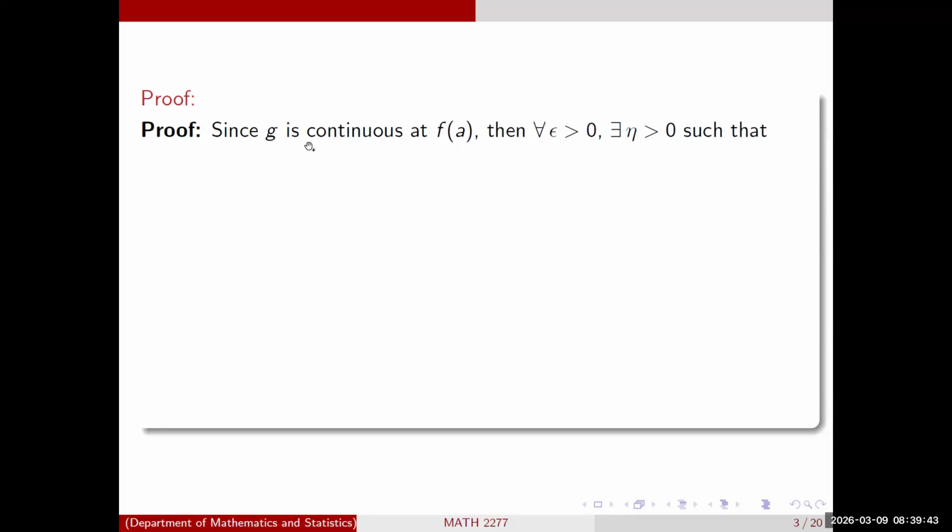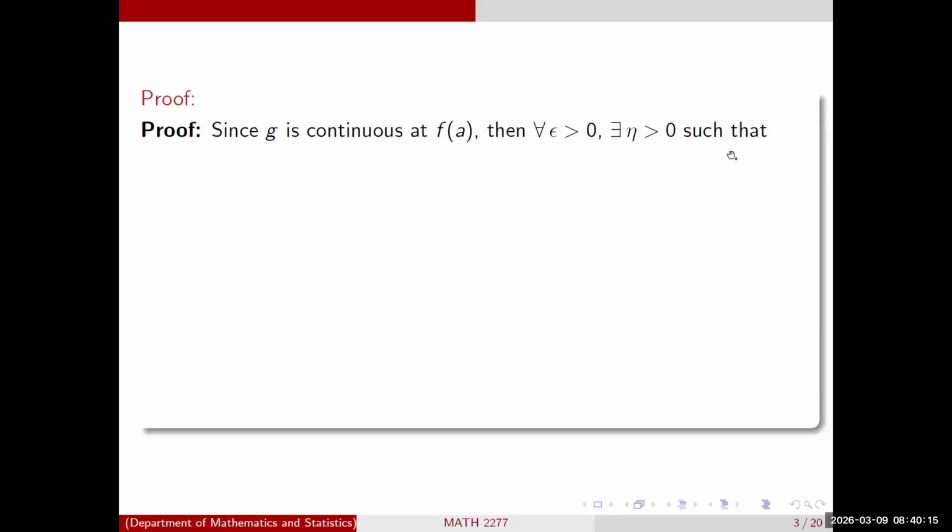Since G is continuous at the point f of a, think of f of a as just some point y, some number in the domain of G. So what is the definition of continuity? It means for any epsilon bigger than 0, there exists a delta. Instead of delta, we're going to use eta, because we have to choose a delta later on. So eta is like an intermediate radius that we're going to use.